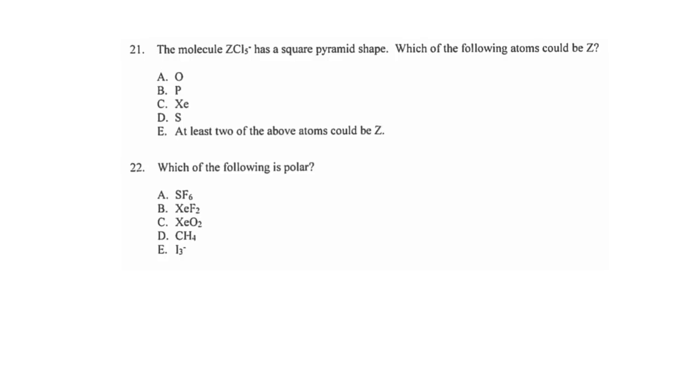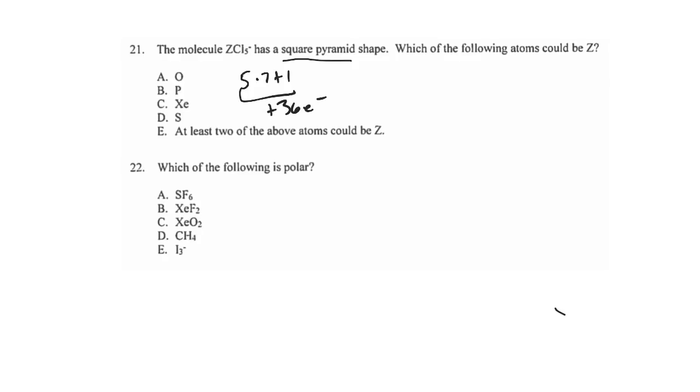21, ZCl5 minus has a square pyramidal shape, square pyramid. Which of the following could be Z? Okay, so we need there to be one lone pair and 5 bonding pairs here, so we're going to need a total of 5 times 7 plus 1. That's chlorine's count, that's 36 electrons.